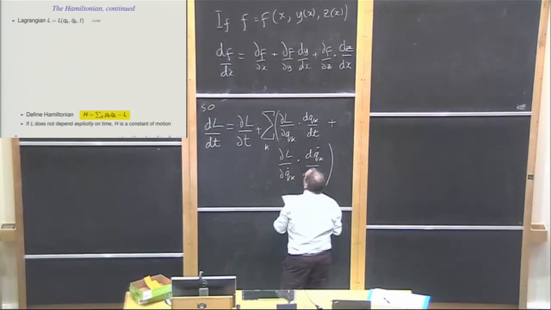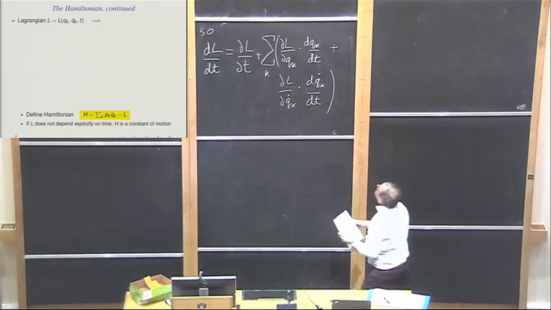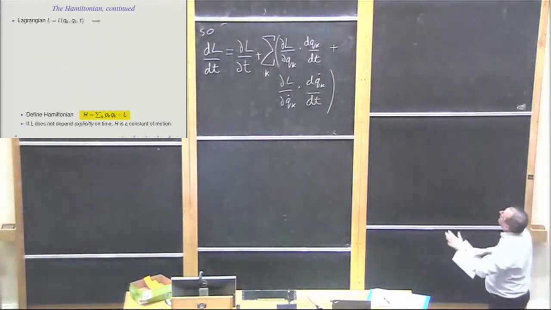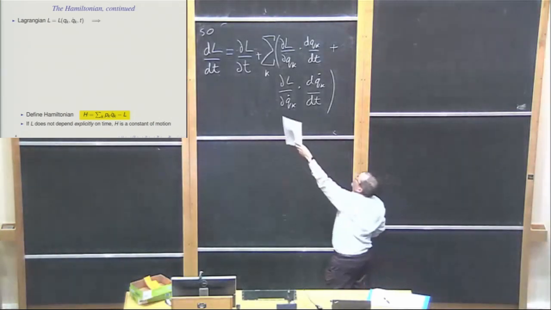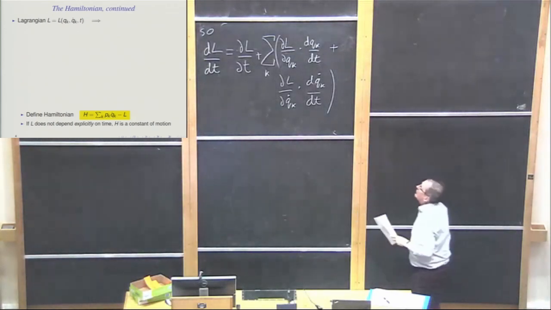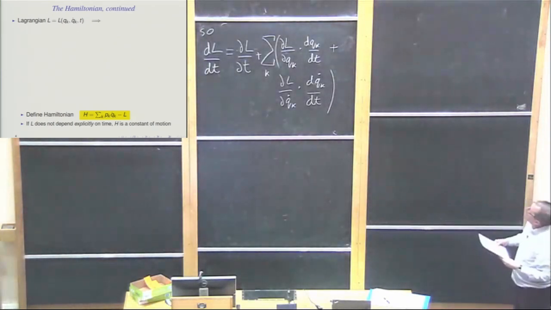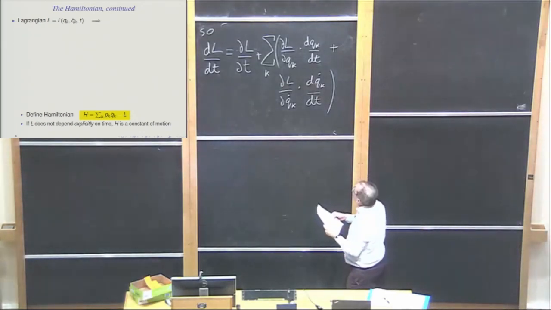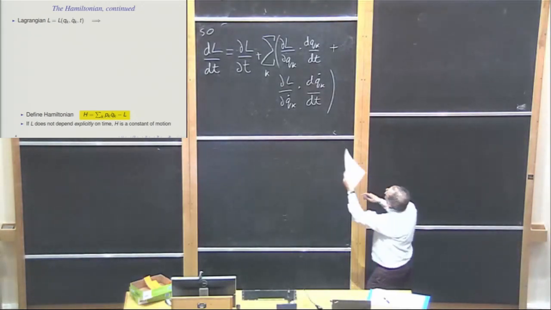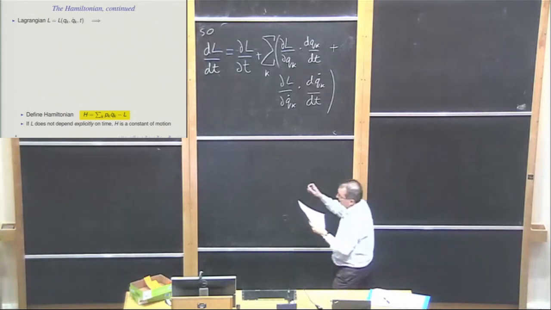Just check it's right. So again, that's nothing more than just copying down this rule of partial differentiation, but allowing for the fact that I have more than one generalized coordinate. So let's see if we can manipulate this.